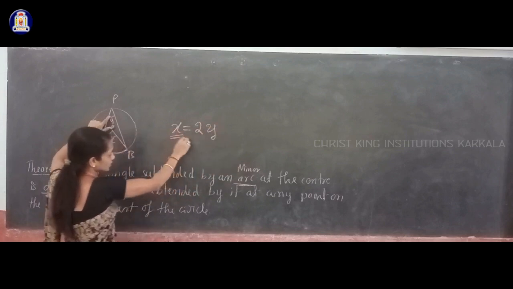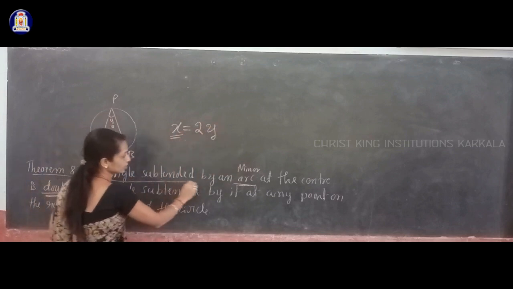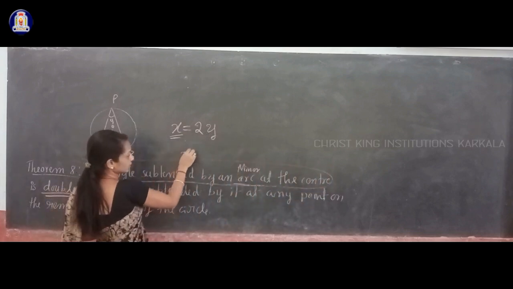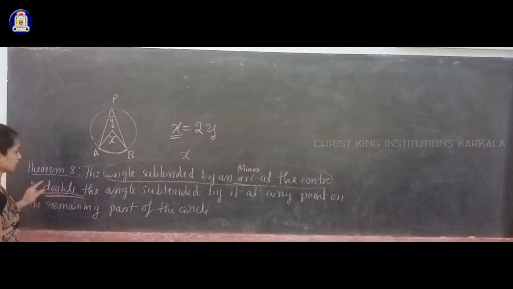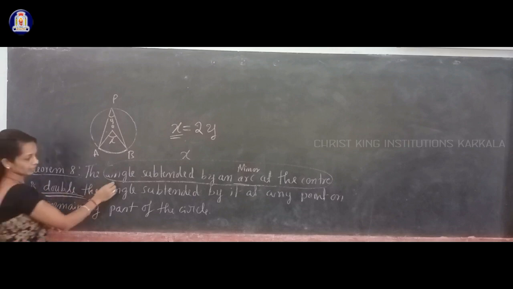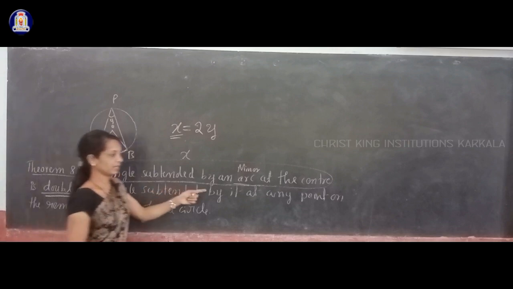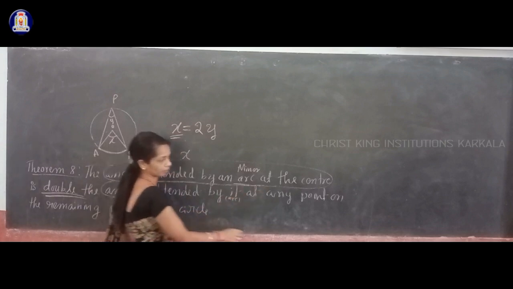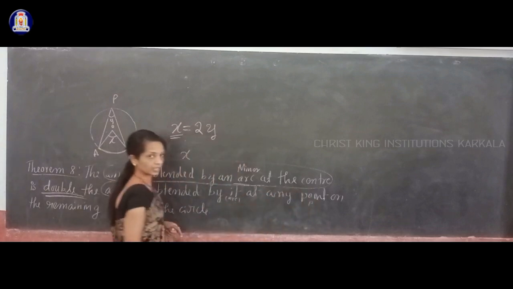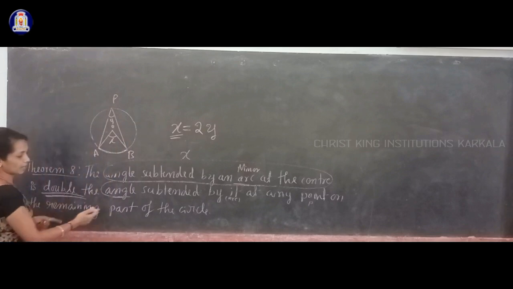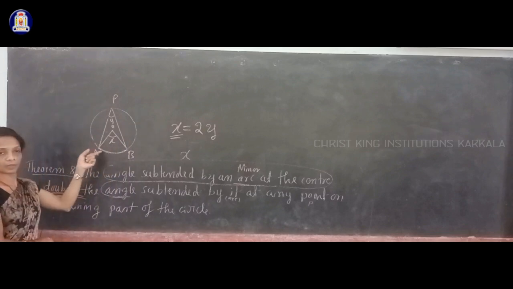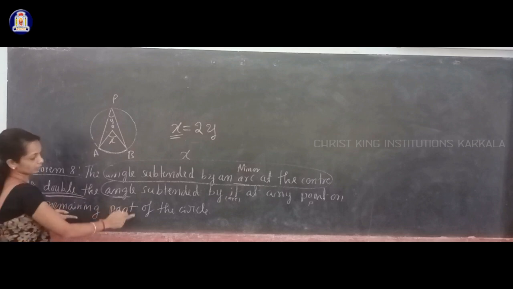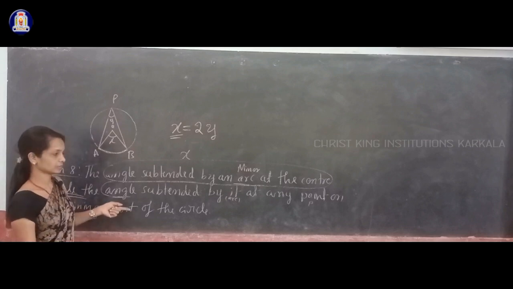What is x? X is the angle subtended by an arc at the center of the circle, and that is double, meaning 2 times the angle subtended by it, meaning the arc, at any point we have taken, point P on the remaining part. Now, if you take the minor arc, then the remaining part will be the major arc of the circle.